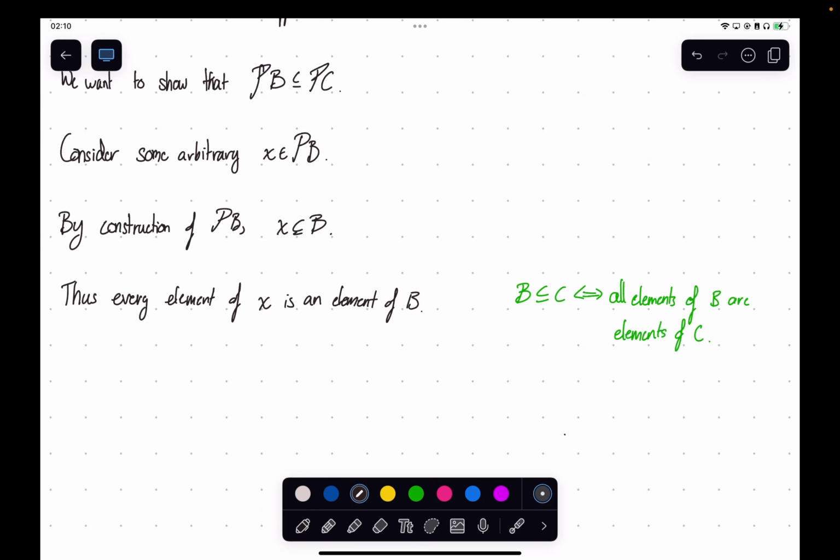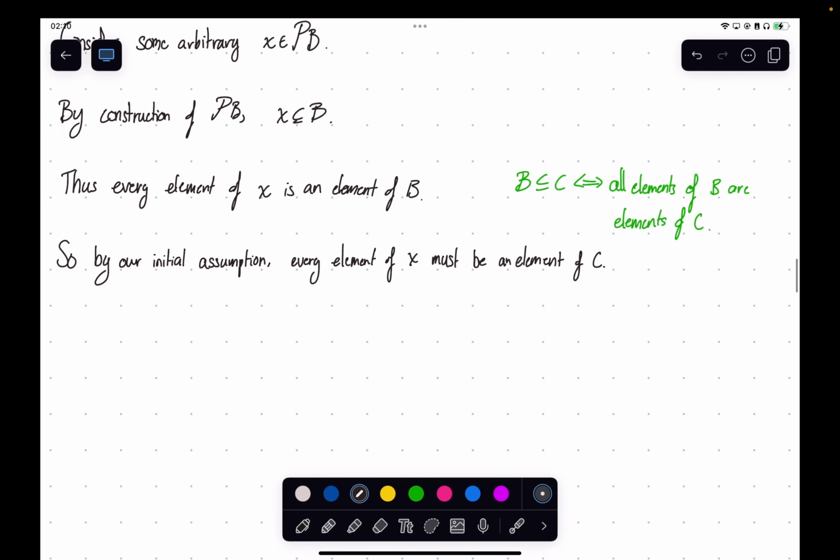So every element of X is an element of B, and every element of B is an element of C. So, by our initial assumption, every element of X must be an element of C.